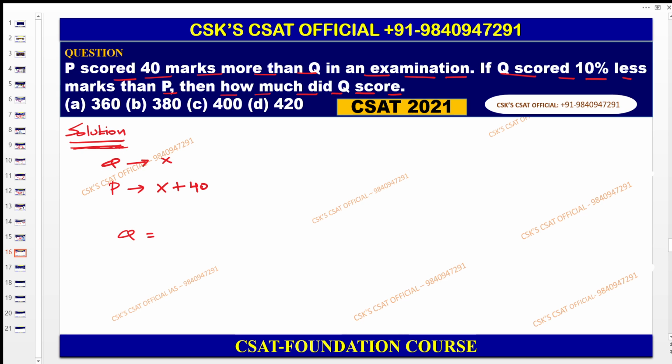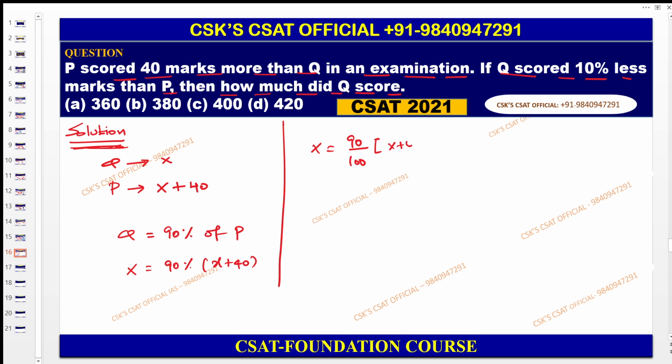Now Q is 10% less than P. 10% less means he has scored 90% of P by default. So Q equals 90% of P, and P's mark here is X plus 40. Now Q you have taken as X, substitute here. Therefore X is equal to 90 by 100 into (X plus 40).